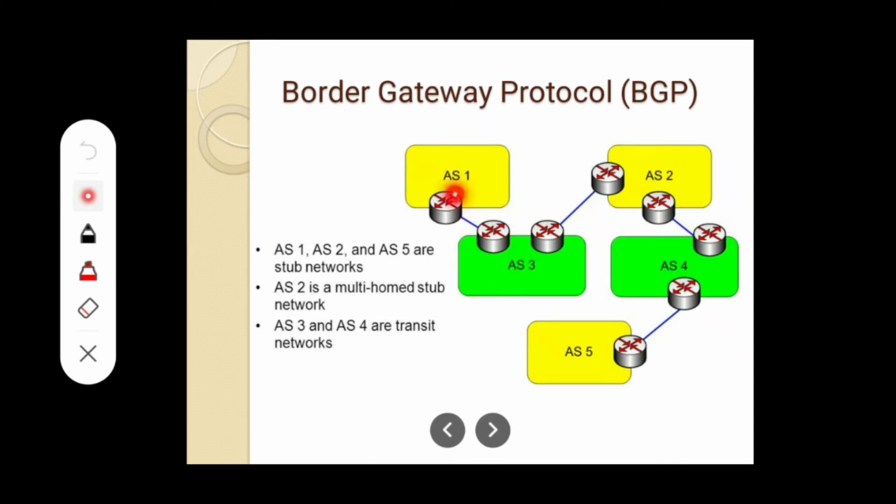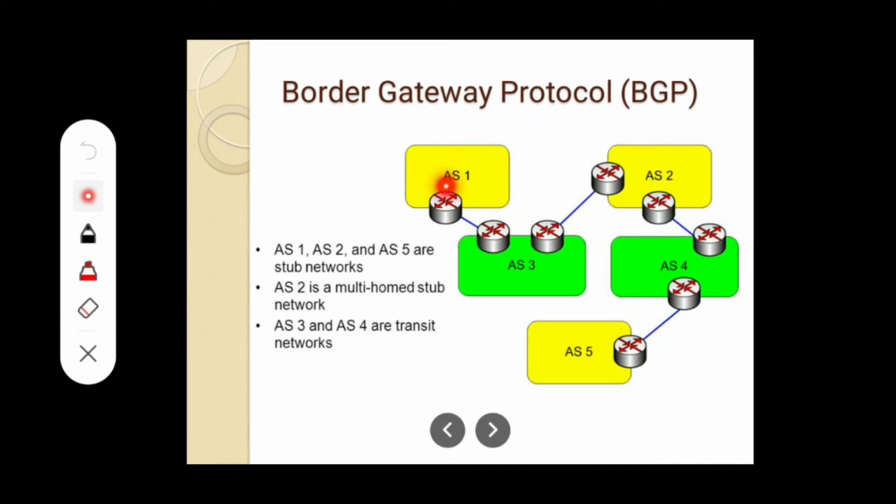See here, there is only a single connection between this autonomous system and systems 1 and 3. Such an autonomous system is called a stub autonomous system. Clear? A stub autonomous system has only one connection to another autonomous system.